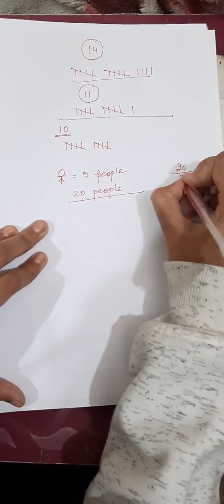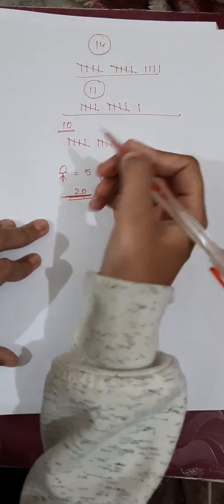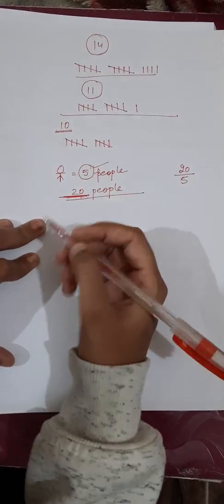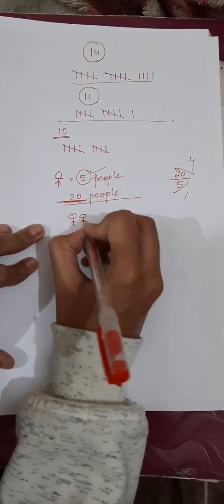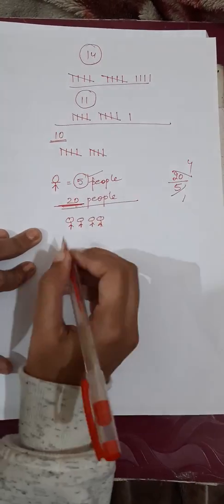I am going to represent these 20 people by 20 you divide by 5. Whatever you have to represent, just divide by whatsoever is given to you. 5 fours are 20. So how many symbols I am going to draw? 1, 2, 3 and 4. You can draw it. And why 4 we have drawn?